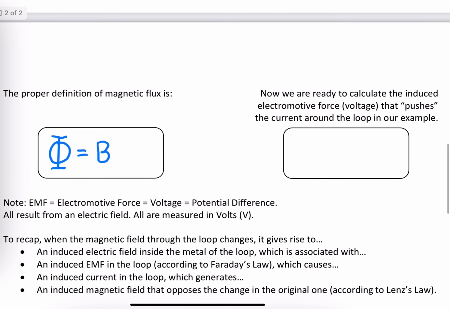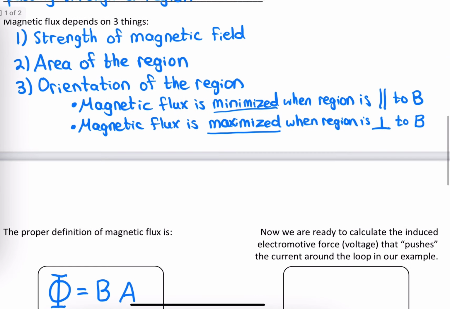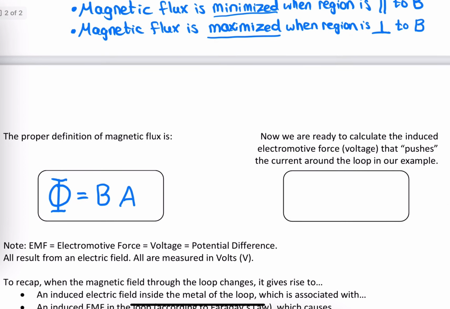For that, we're going to use the letter A. And we said that the magnetic flux depends on the orientation, and it'll be maximized when the region is perpendicular to B. So to demonstrate that in our equation, I put this little perpendicular symbol there. So to have as much magnetic flux as possible, I need a strong magnetic field, I need a large area, and they need to be perpendicular to each other.